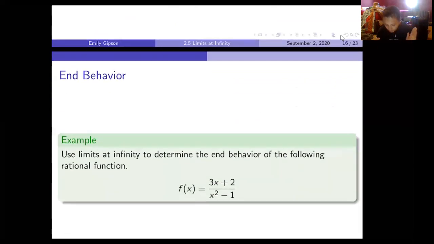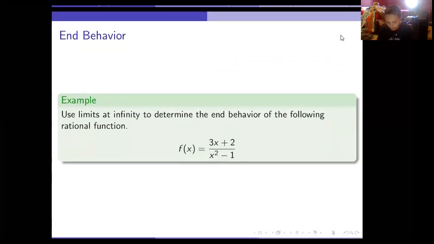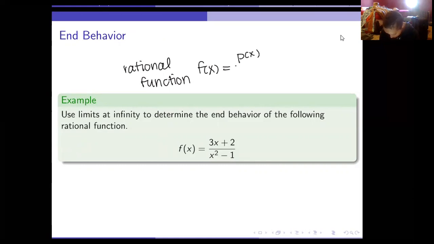So we're going to start with some examples just to get you going. And remember that a rational function f of x is of the form p of x over q of x, where p of x and q of x are polynomials.